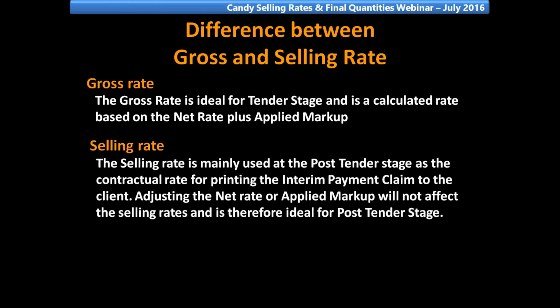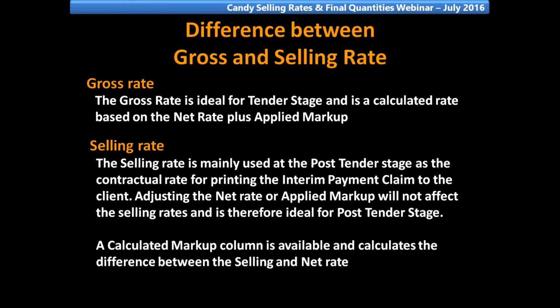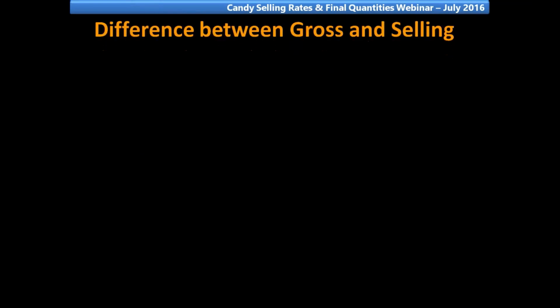Selling rate. The selling rate is mainly used at the post-tender stage as the contractual rate for printing the interim payment claim to the client. Adjusting the net rate or applied markup will not affect the selling rate and is therefore ideal for post-tender stage. A calculated markup column is available and calculates the difference between the selling and the net rate.